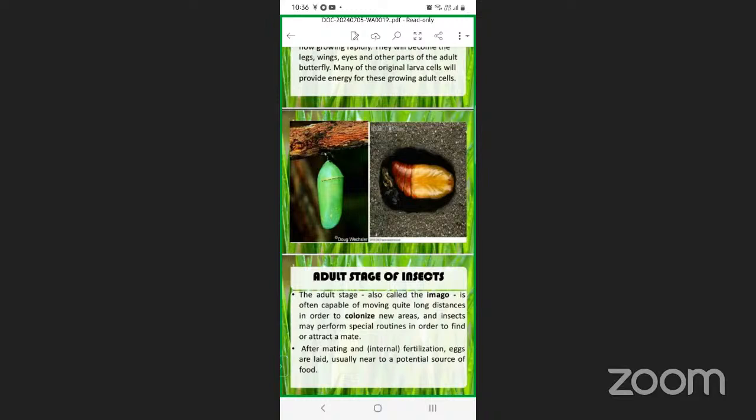But the major endocrine glands are the brain neurosecretory cells located in the protocerebrum, which are related to the corpora allata or corpora cardiaca. Other than the prothoracic glands, all these three play an important role in the insect.